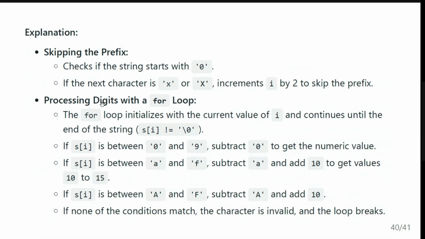Otherwise, if it's a digit we want to process, we convert this character into our integer number. If it's 0 to 9, it's just a conversion by subtracting the character 0. If it's a letter, subtract the character letter and add 10 to it.